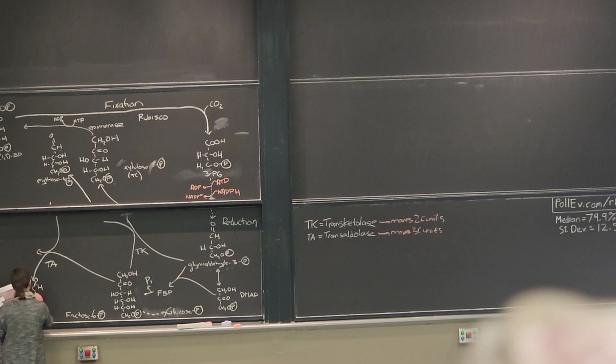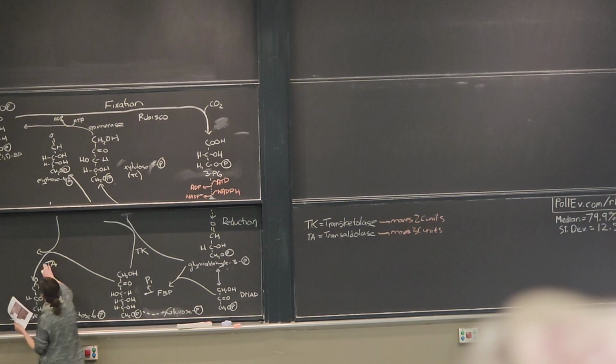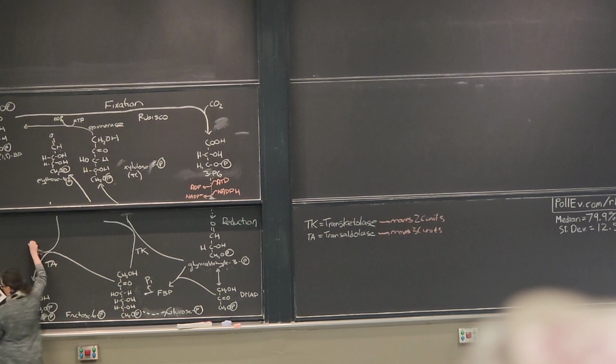H, C, H, OH, CH2, OP. So this is also glyceraldehyde 3-phosphate, okay? And then what we're going to generate is the 7-carbon sugar, which we call sedoheptulose 7-phosphate, and the structure of that is here.